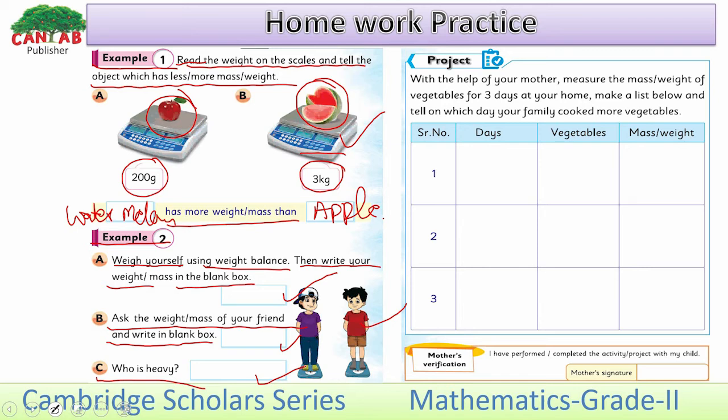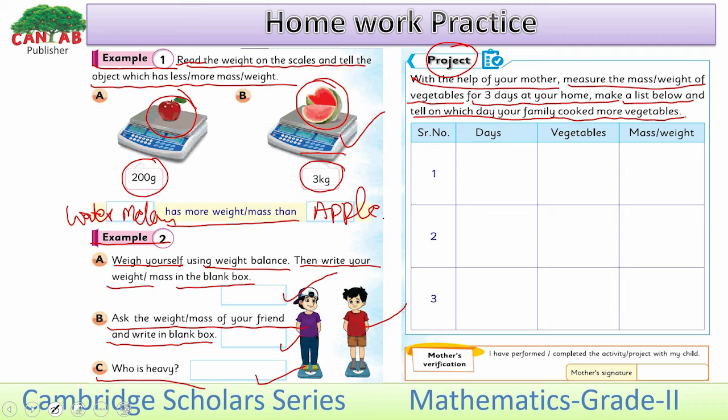Now complete the project on the next page. You have to complete this project at your home with your mom. With the help of your mother, measure the mass or weight of vegetables for 3 days at your home. Make a list below and tell on which day your family cooked more vegetables.